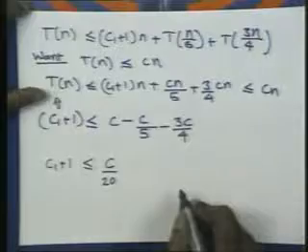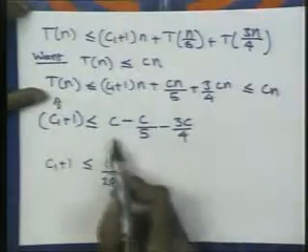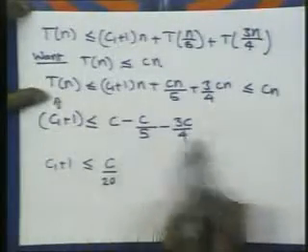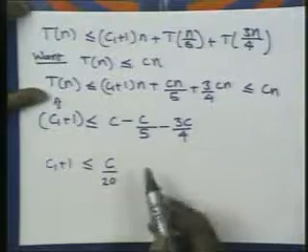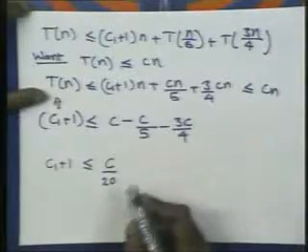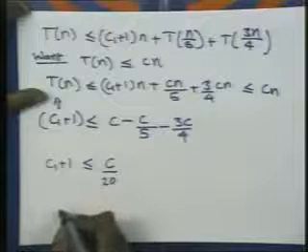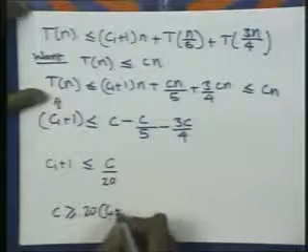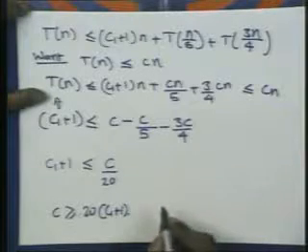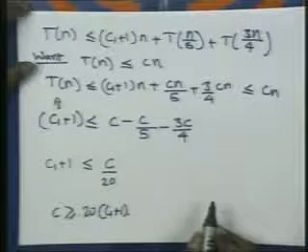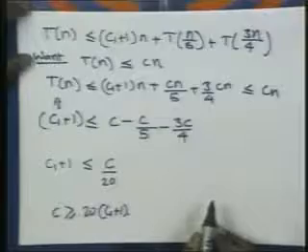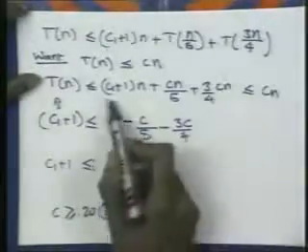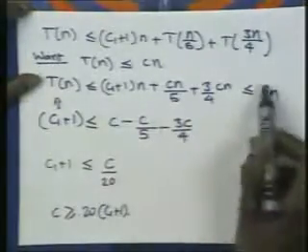Just simplifying this, it is nothing but C by 20, C times 1 by 20. So as long as C is at least 20 times (C1 plus 1), we are done. If C is greater than or equal to 20 times (C1 plus 1), we see that this quantity is less than or equal to Cn.